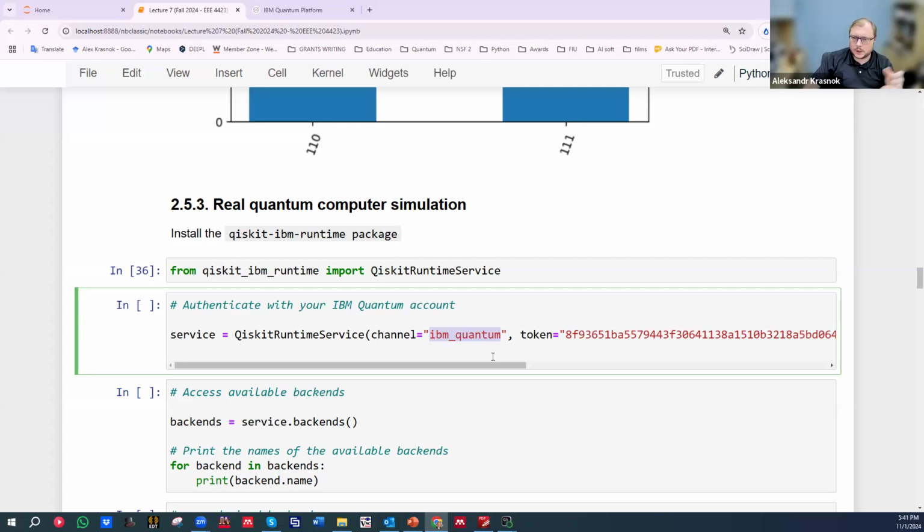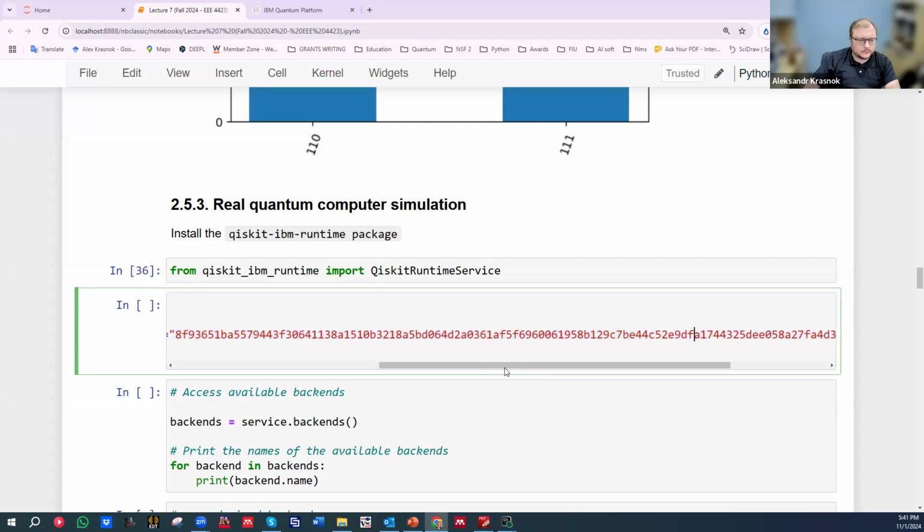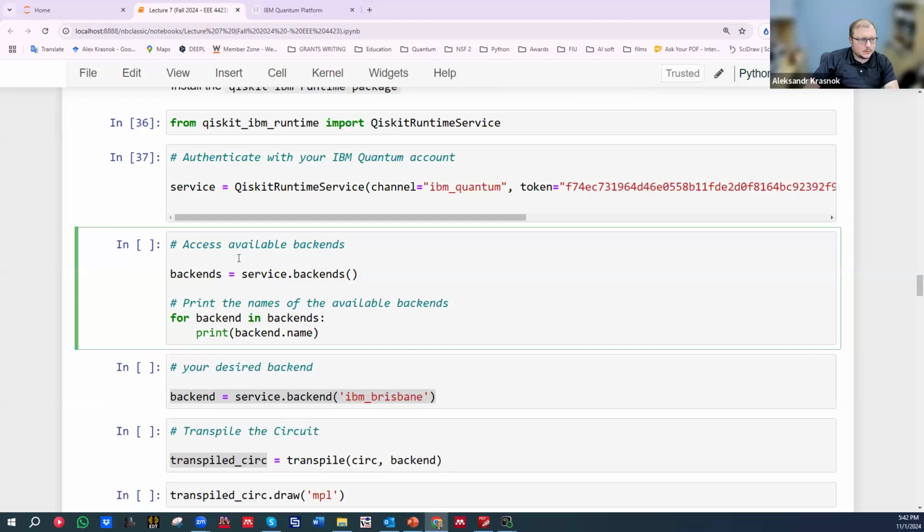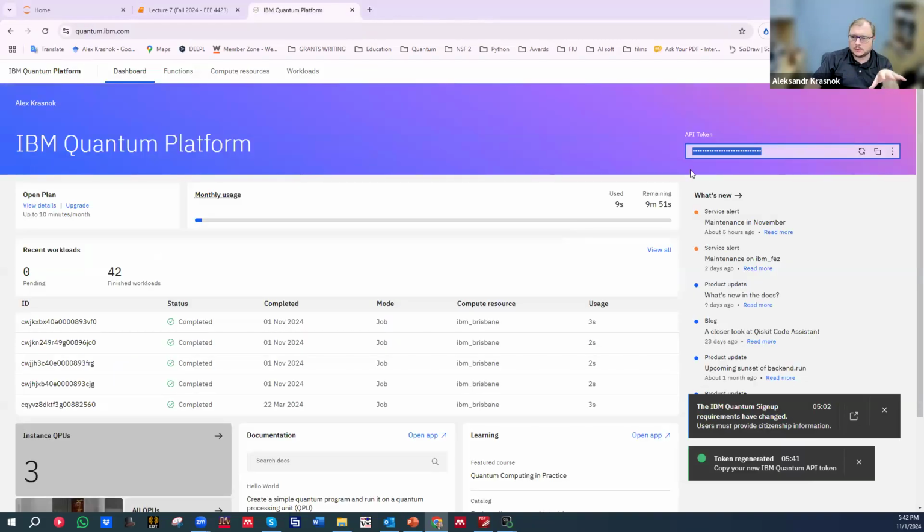For now, we use IBM Quantum. I copy and paste the new token, execute the cell, and hopefully it will get it. Yes, so now I'm using this token from my IBM Quantum platform.